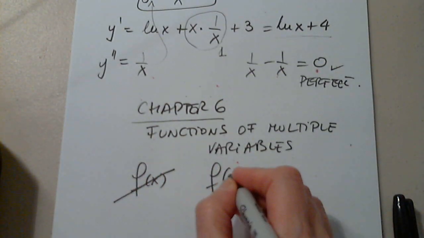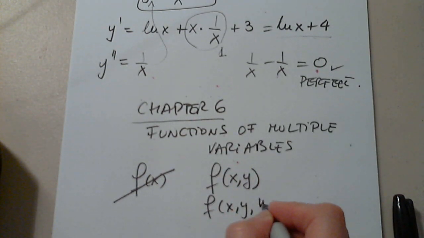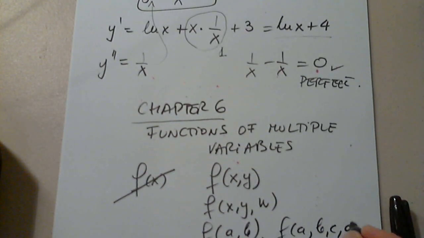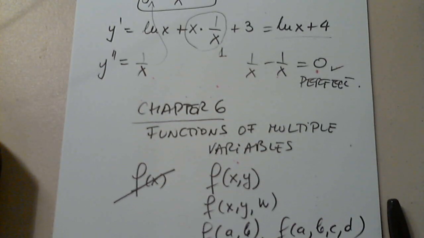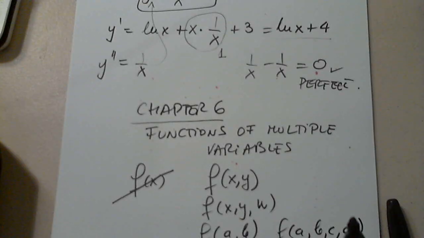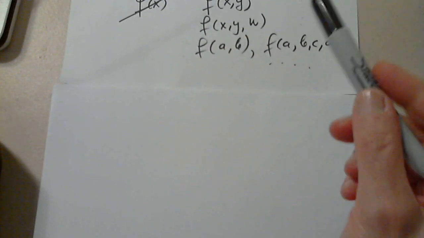But we're talking about f of x and y, or f of x, y, and w, or f of a, b, or f of a, b, c, d, and so on and so forth. So this is something called multivariable calculus. We're only going to get a little taste of it, not a lot. Okay.